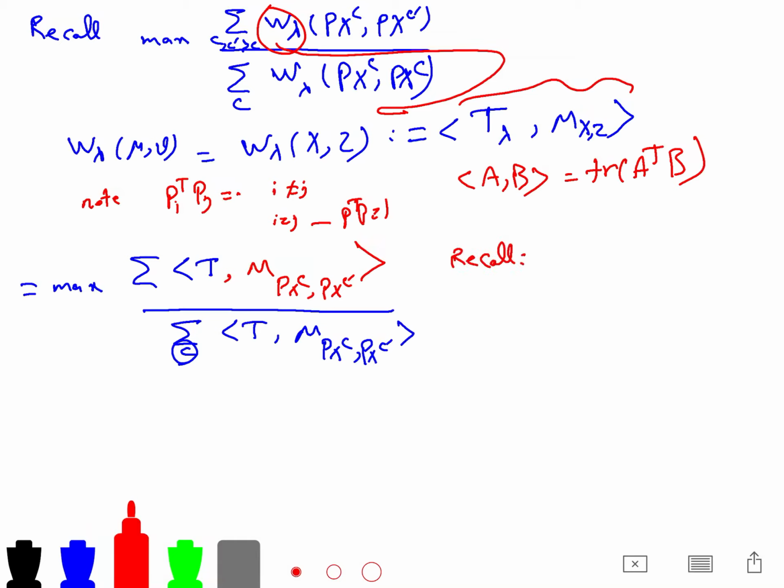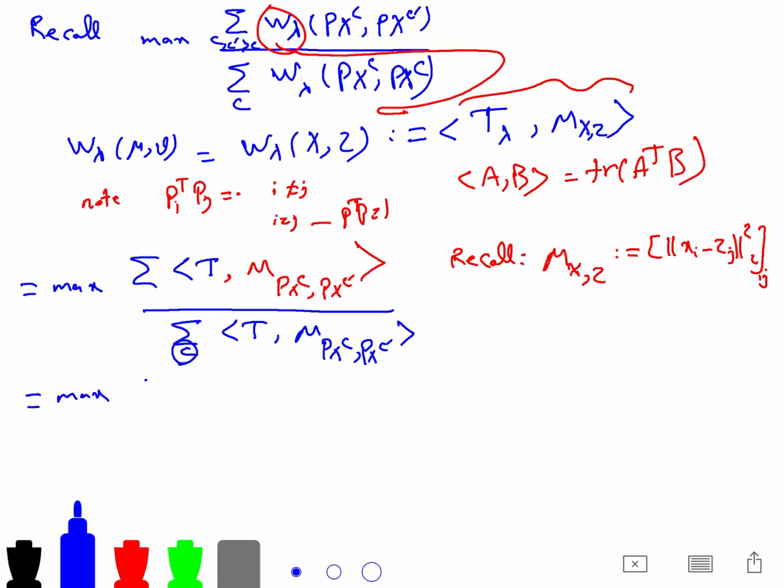And recall that M of X and Z by definition is just xi minus zj squared, the ijth component of that. So using that, you will notice that this is equal to maximize sum over T. Let's do it step by step.